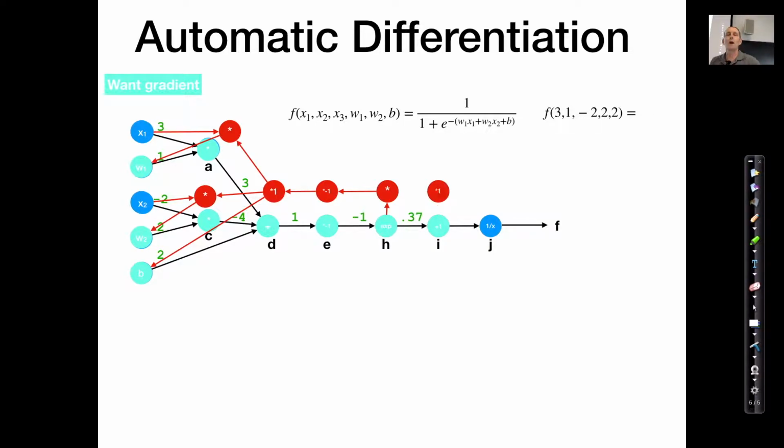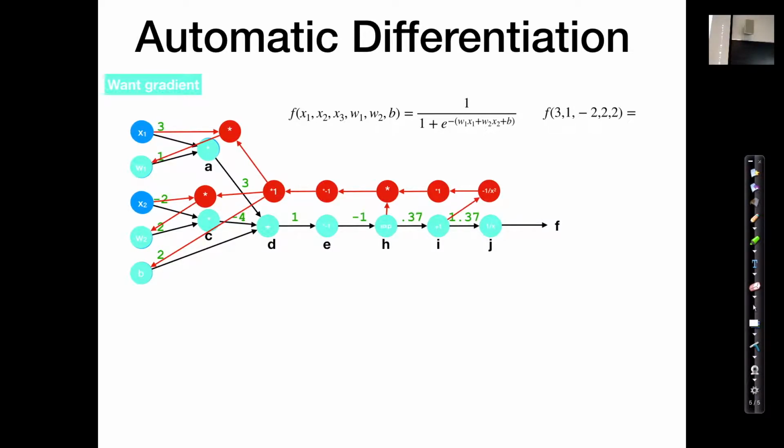And then the +1, the derivative, again, is just equal to 1. So we just have an identity again. The 1 over x is a -1 over x squared. And what's our input to -1 over x squared going to be? Right here. It's the thing that was doing a 1 over x.